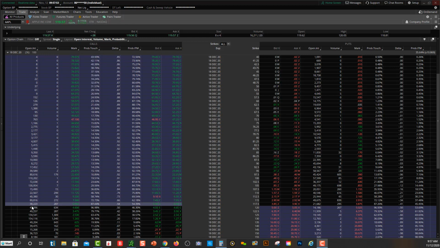So especially with the more popular large cap stocks, you'll see lots of open interest. At a minimum you want to see at least 100, but ideally 1,000 or more. When you see all of this, this is highly liquid. Doesn't mean you buy it. It just means that it's highly traded.